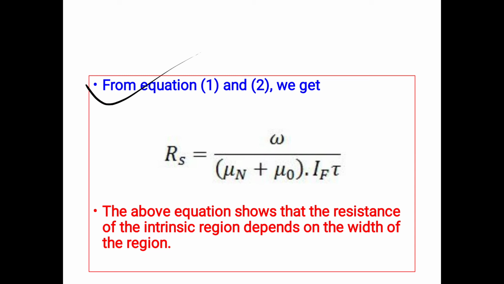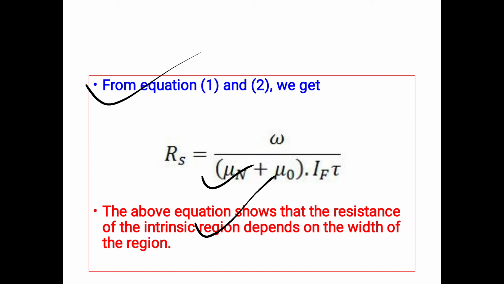Now from equation number 1 and equation number 2, we will get the value of resistance Rs equals W upon (mu_n plus mu_p) into I_F into tau, where we have substituted the value of Q here as I_F into tau. The above equation shows that the resistance of the intrinsic region depends on the width of the region.